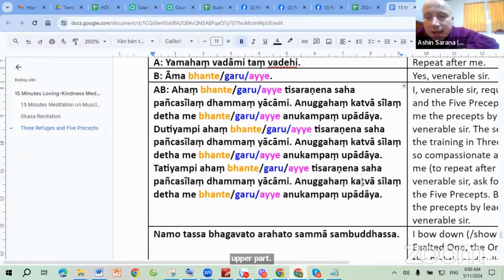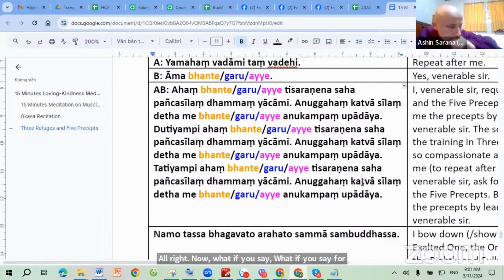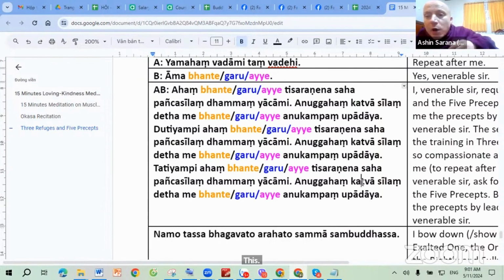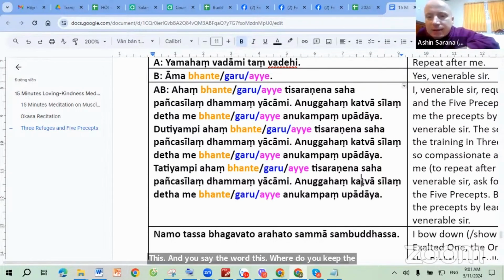Now, what if you say, for example, this? When you say the word this, where do you keep the tongue in your mouth? The tongue touches the upper part of your mouth again, but closer to the teeth.